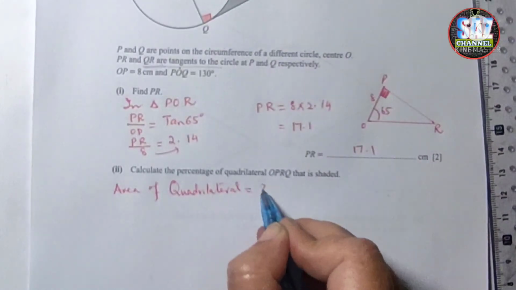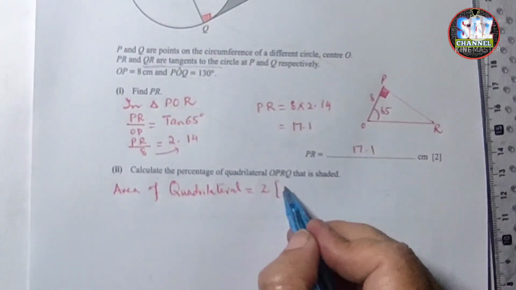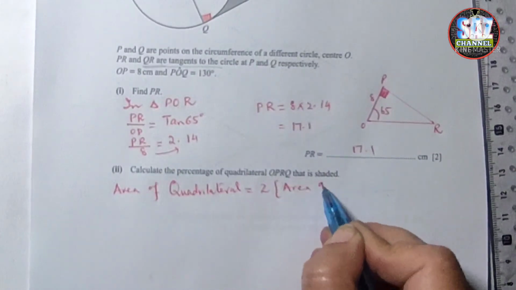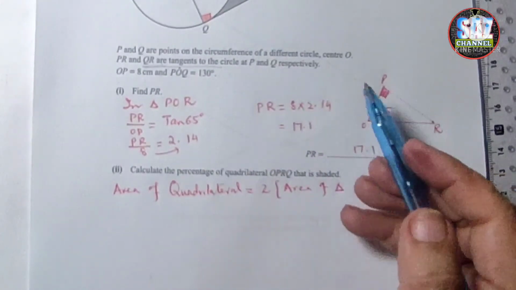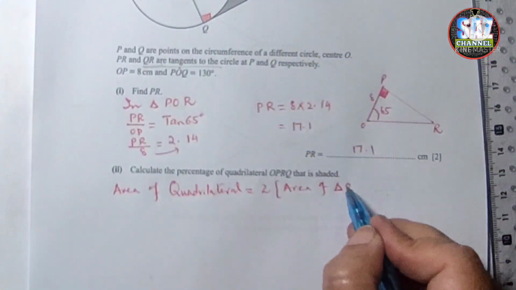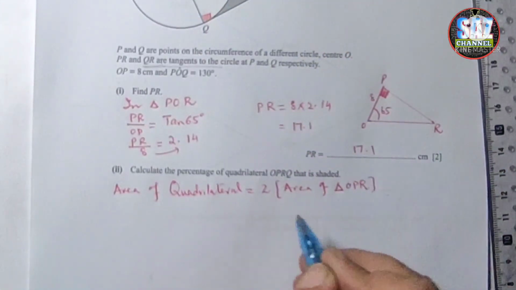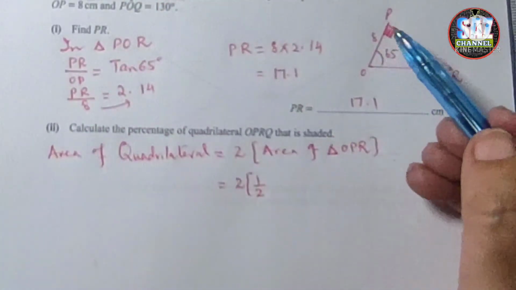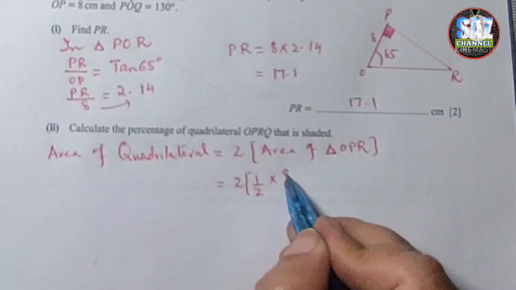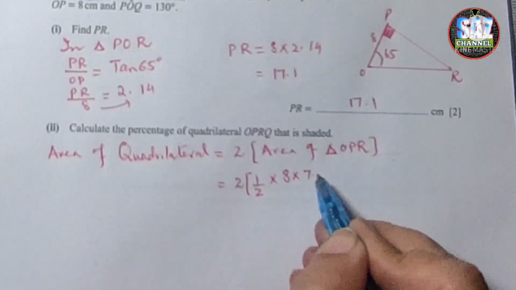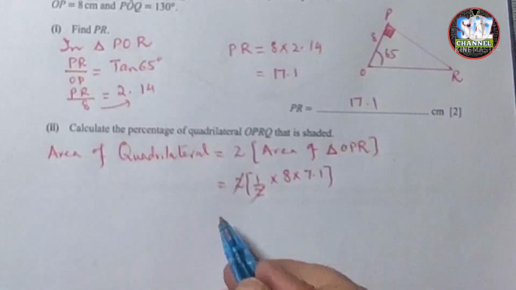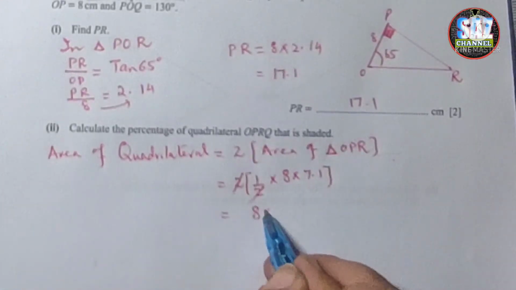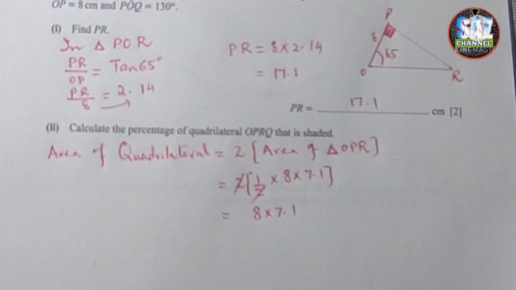will be equal to 2 times the area of one right triangle, OPR. The area of a triangle formula is half, base into height: 8 multiplied by 7.1, and this goes with this, and I'm left with 8 multiplied by 7.1 multiplied by 7.1, and this is the area of the quadrilateral.